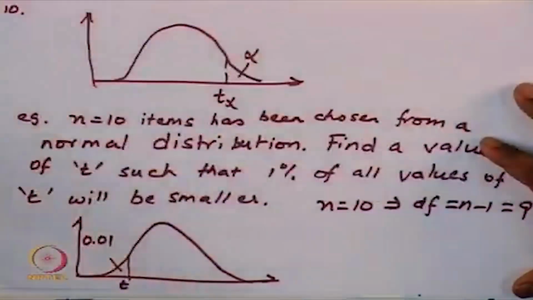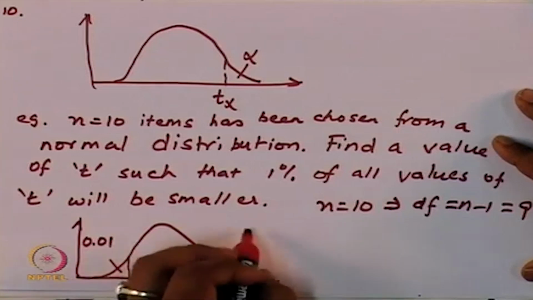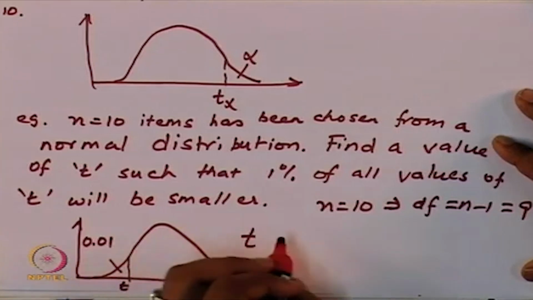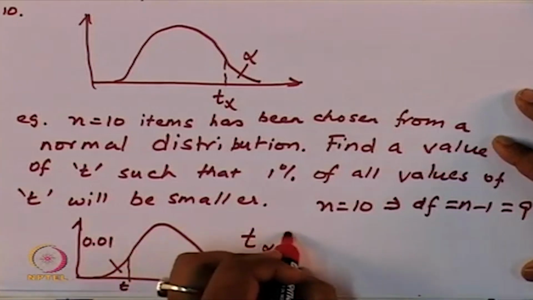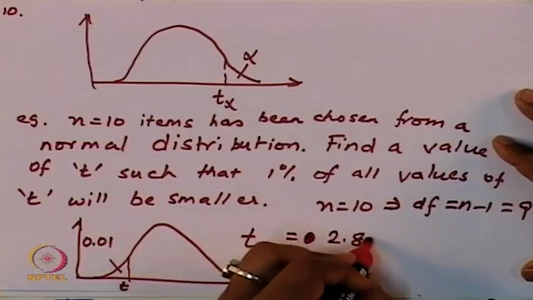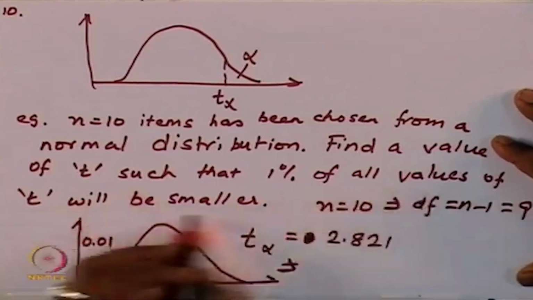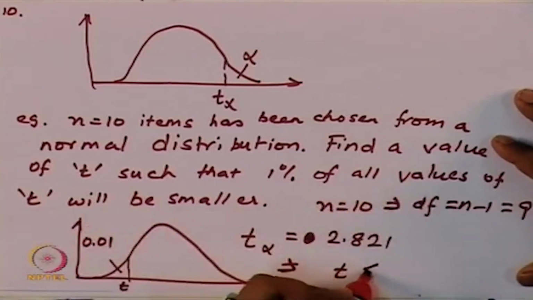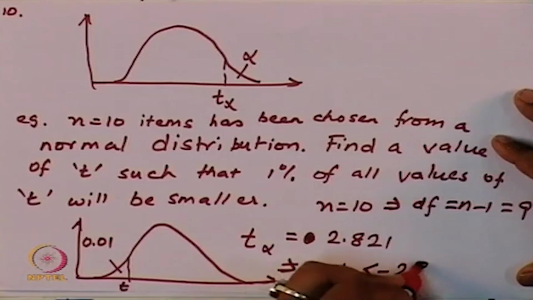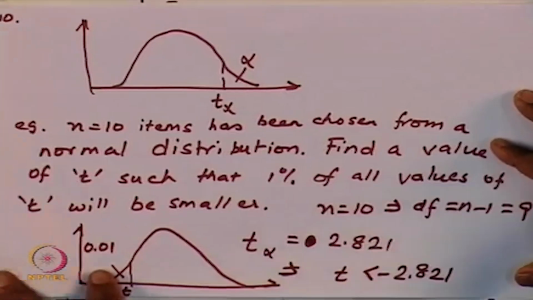Since we need all the other values to be smaller, let us say t of alpha comes out to be 2.821. Then t has to be less than minus 2.821. So, that is how you would do it.